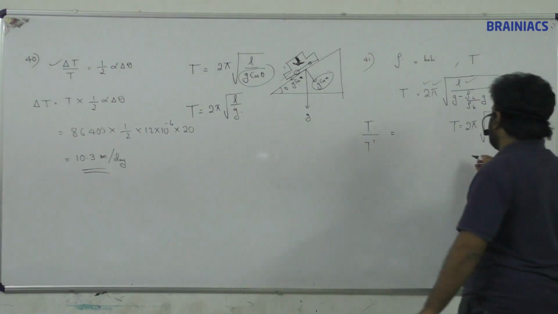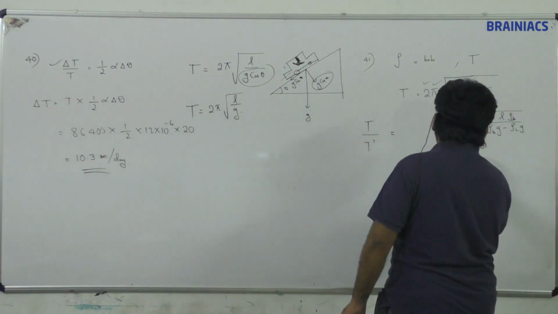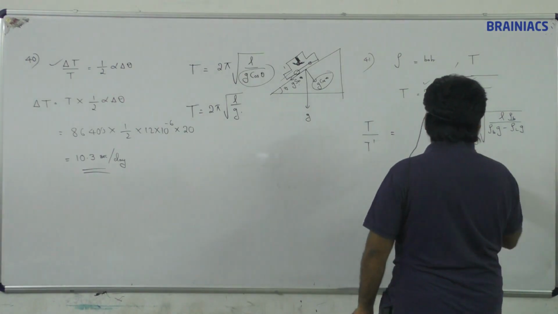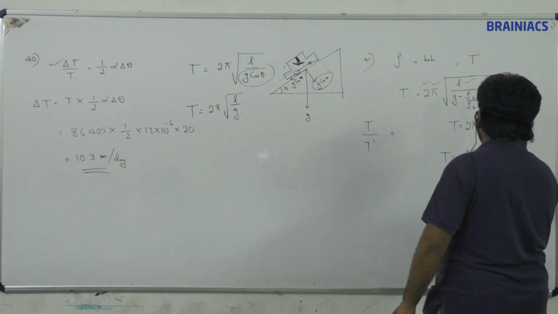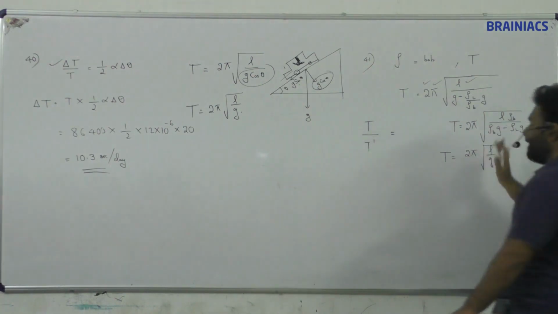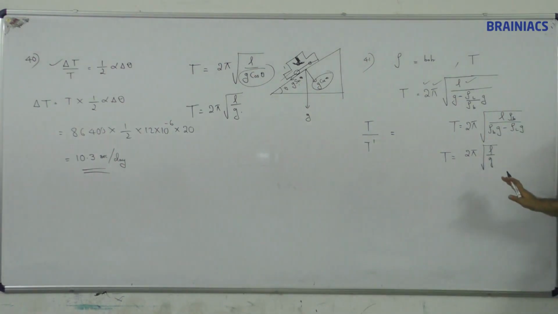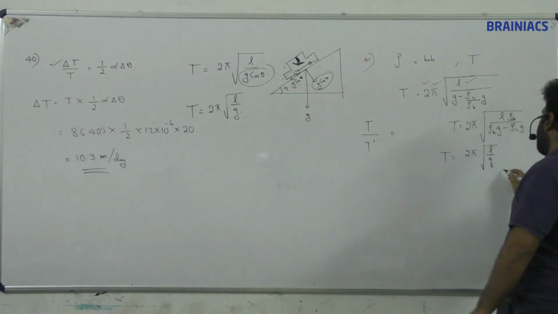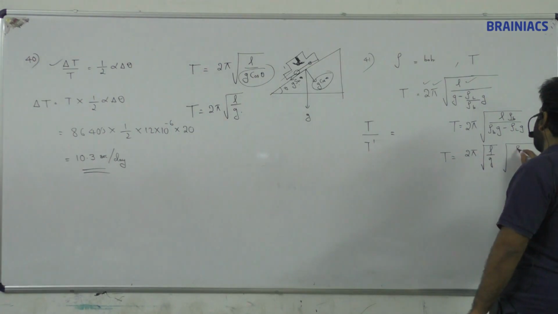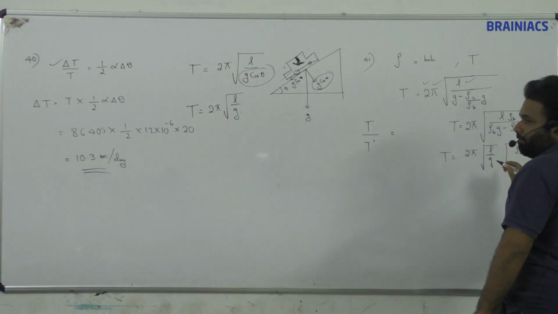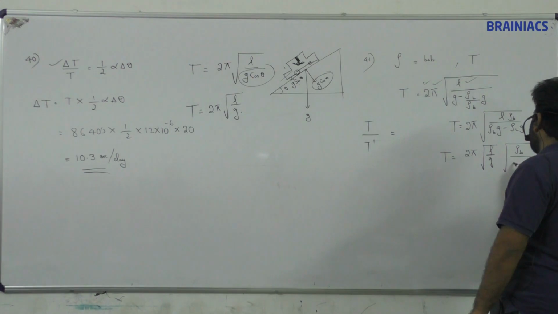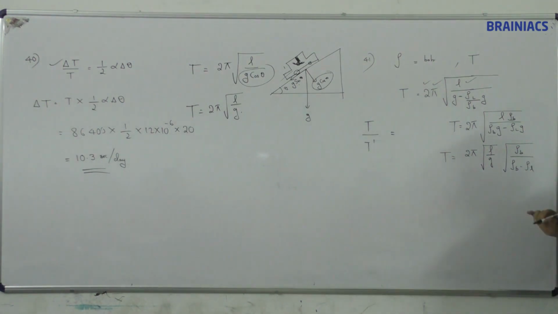So T is equal to 2 pi root of L by G, and then this is going to be density of the pendulum divided by density of the pendulum minus that of the liquid. So this entire term is constant.